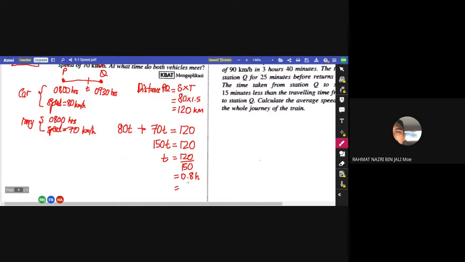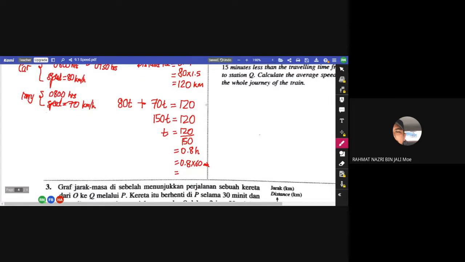So 0.8 hour converted to minutes, we multiply by 60. So T is equal to 48 minutes. So 48 minutes after 8 o'clock in the morning, both vehicles meet.